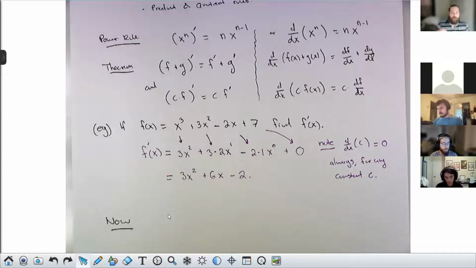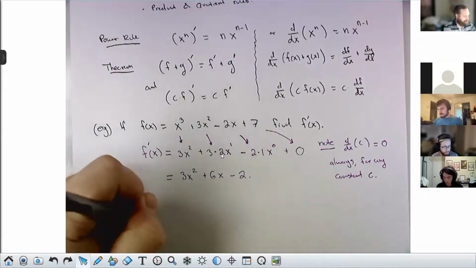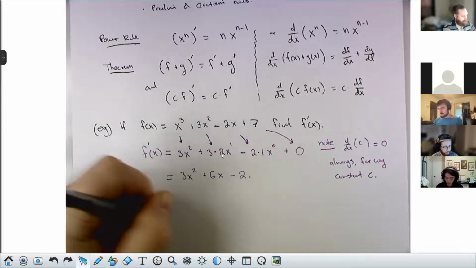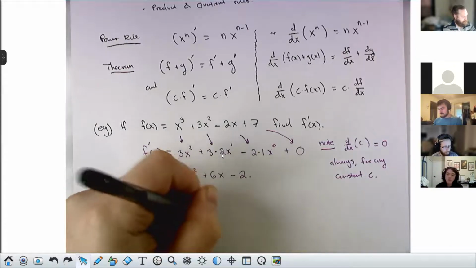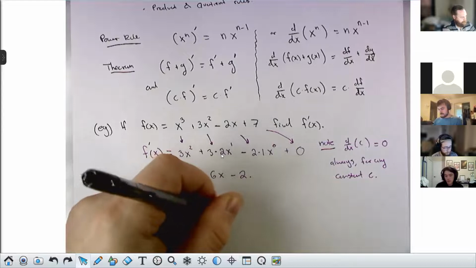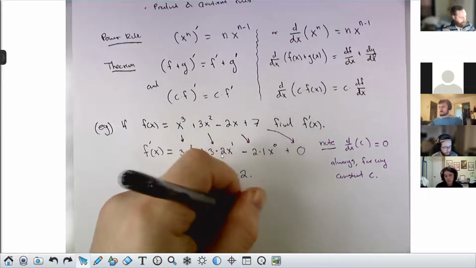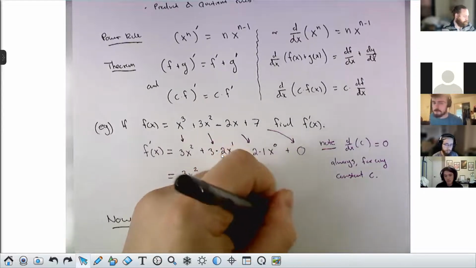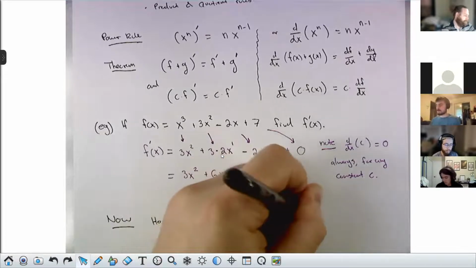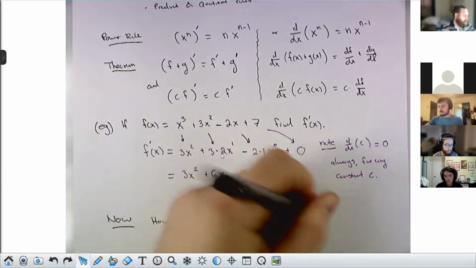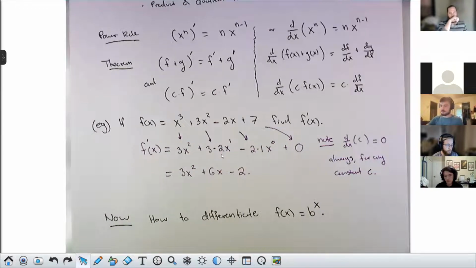The other functions that everybody likes to differentiate, besides polynomials and power functions, are exponential functions, which in general look like this.